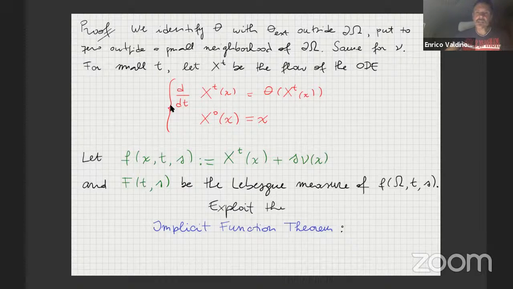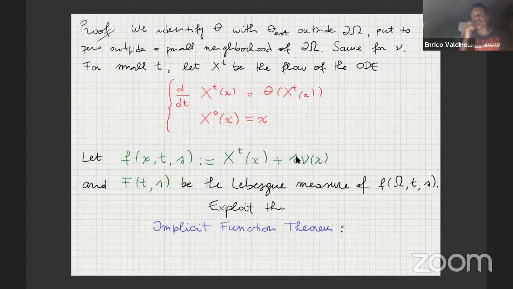And then I use another parameter s. So I take a function that depends on the point x, t and s. I take the first component, which is the flow generated by theta, and then I take a second component, which is the normal direction weighted by the parameter s.